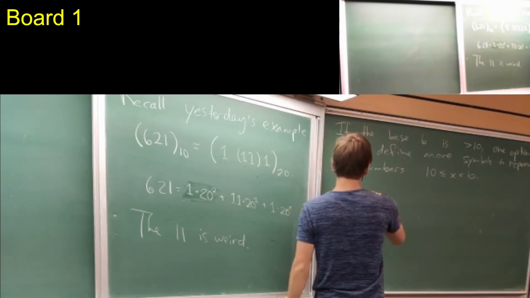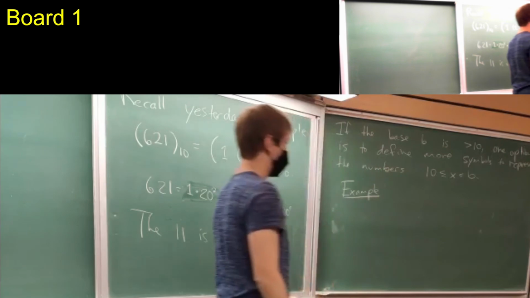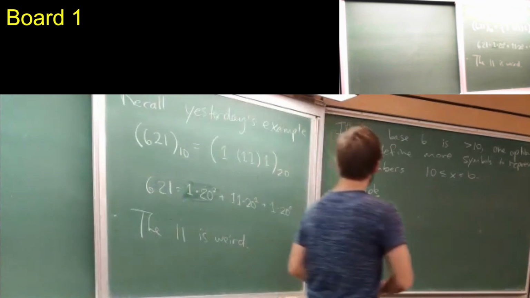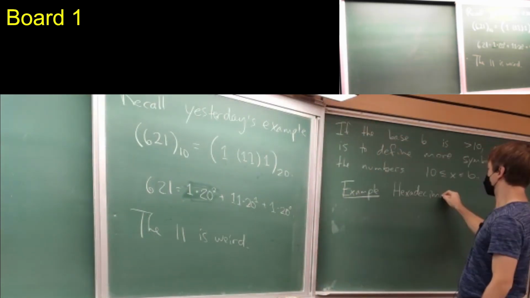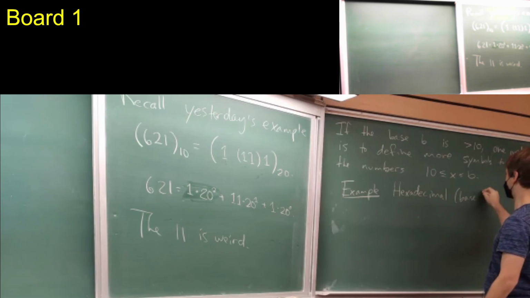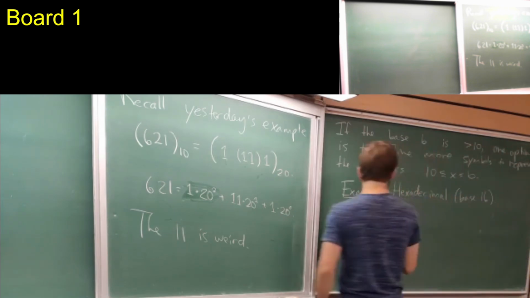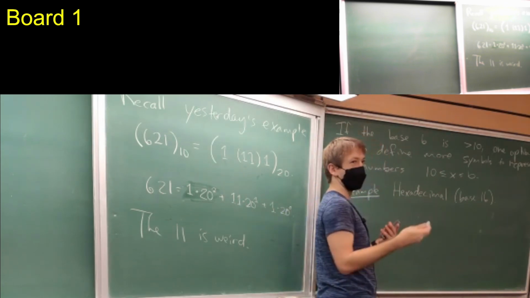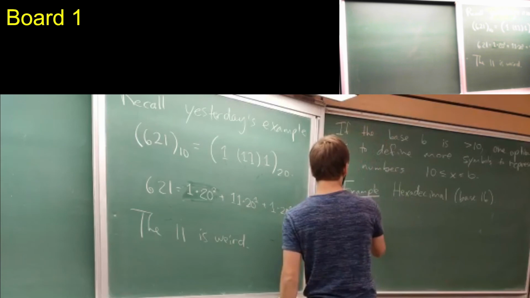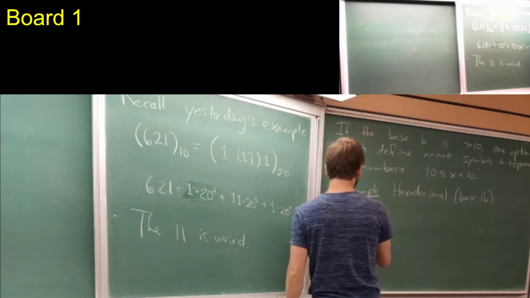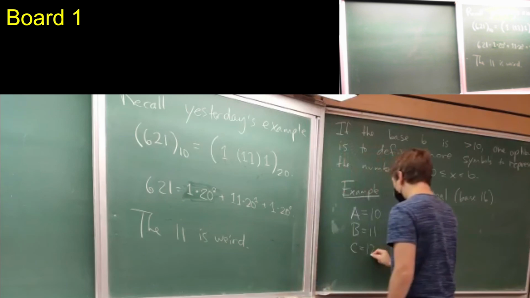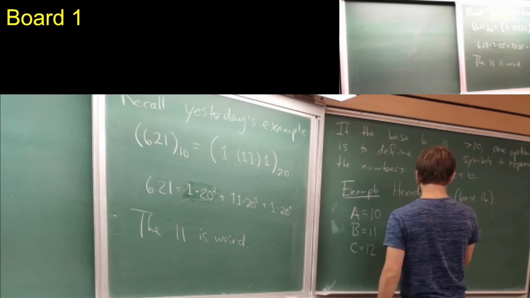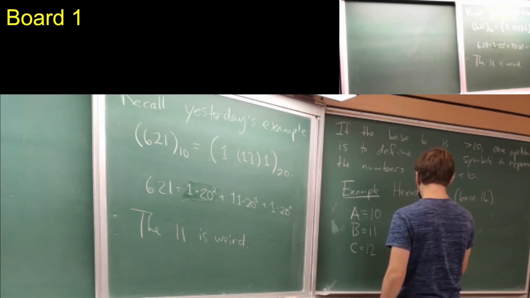One example which people actually use in various computer-y things is hexadecimal, which is base 16. So in hexadecimal, the numbers 0 up to 9 are just the usual 0 up to 9, and they define A to be 10, B is 11, C is 12, D is 13, E is 14, and F is 15.